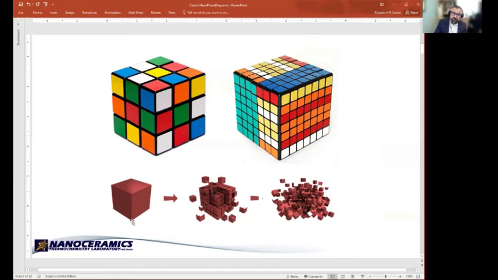The same thing happens when you transform these cubes into fine powder. Instead of having grain boundaries, you actually have surfaces. And these surfaces also create a different set of properties. Those surfaces are now active for gas sensing, for example, and for catalysis. This creates, again, a new universe of properties that you can only explore because you are at the nanoscale.